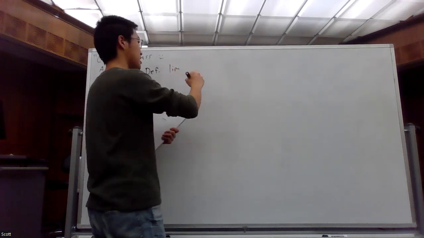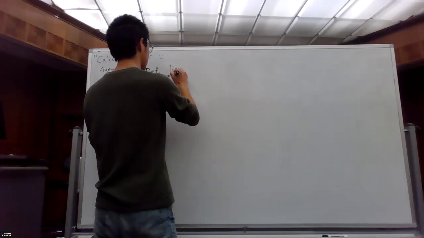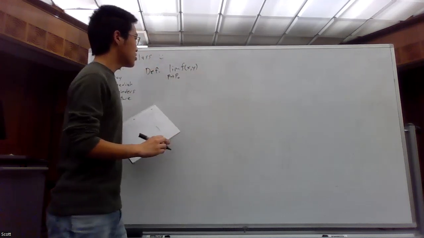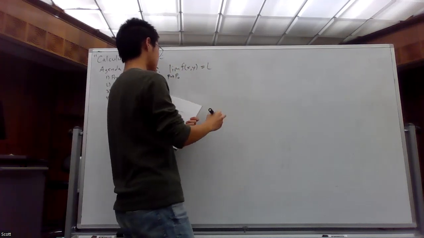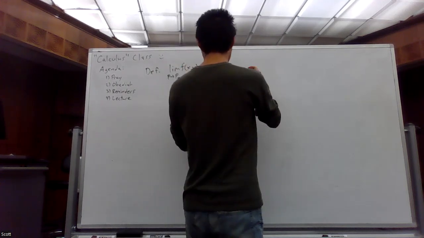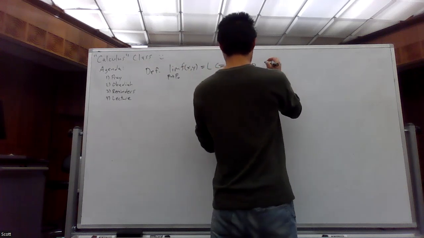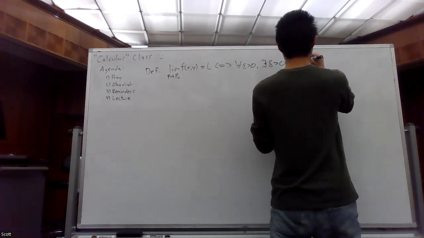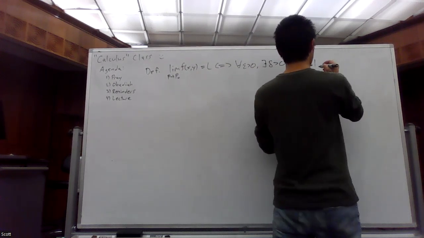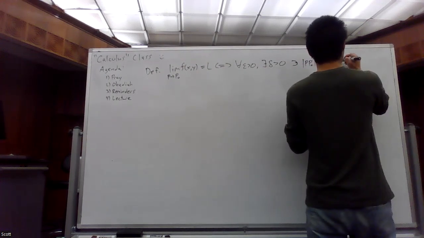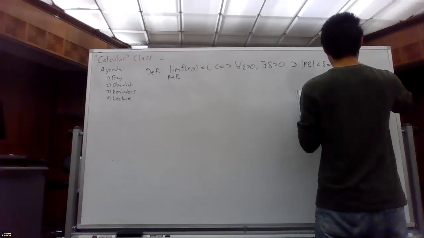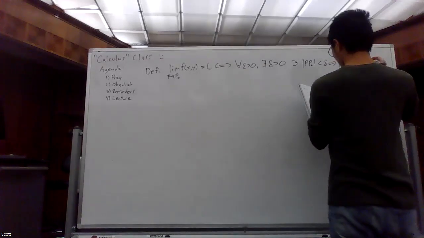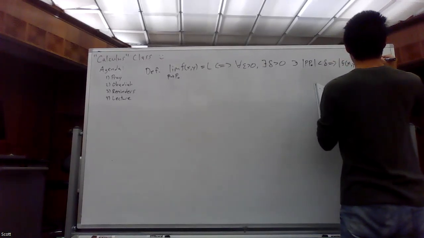If we take a limit now, not just on the real line but in a plane, from a point to a point of a function that takes in two variables, f(x,y) approaches some L, that is true if and only if for all epsilon greater than 0, there exists a positive delta, so delta greater than 0, such that the magnitude of P minus P naught being less than delta implies that the difference |f(x,y) minus L| is less than epsilon.